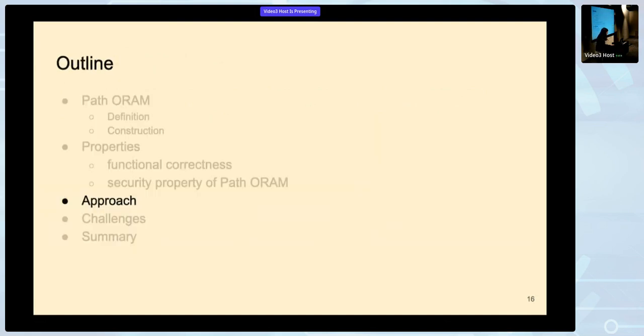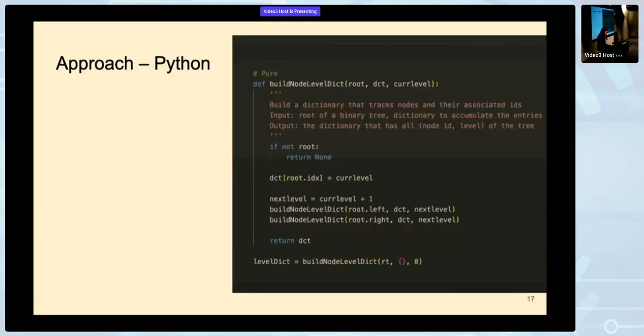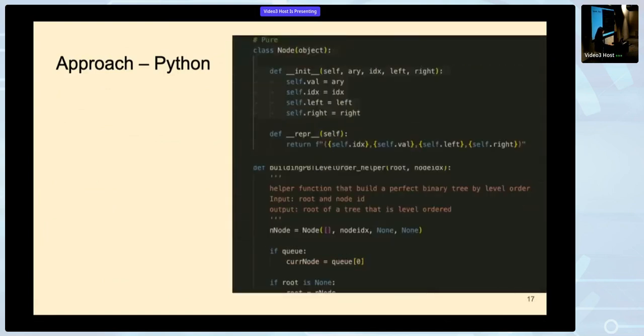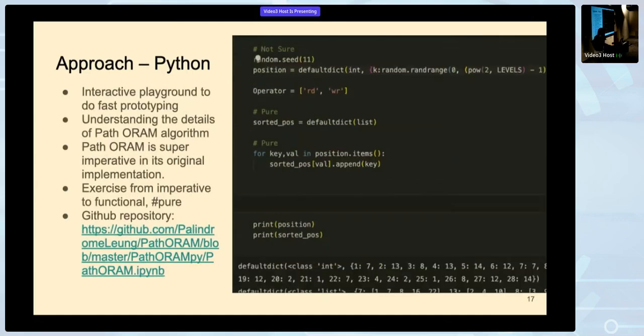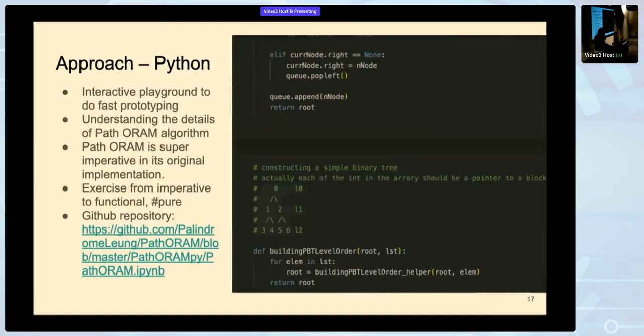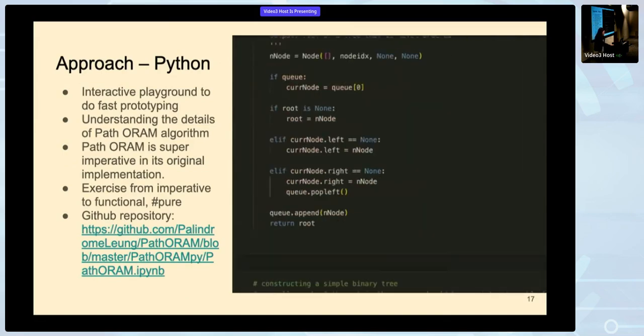So let's talk about approach. I know this is CoqPL, and you're all excited about Python modeling. So here it is. I got many questions from the reviewers about why you started with Python, not Gallina. We have several reasons.